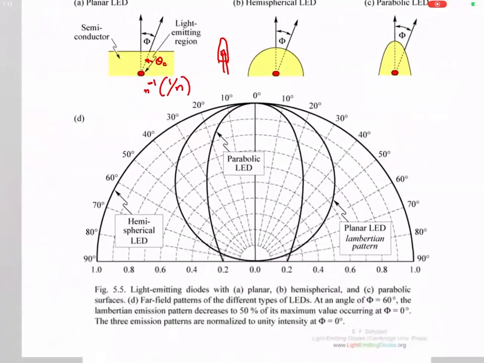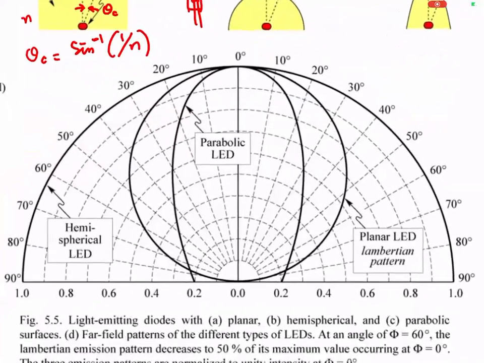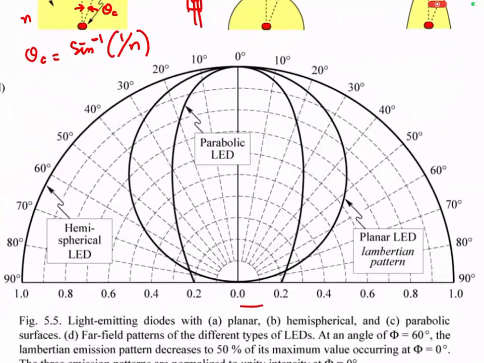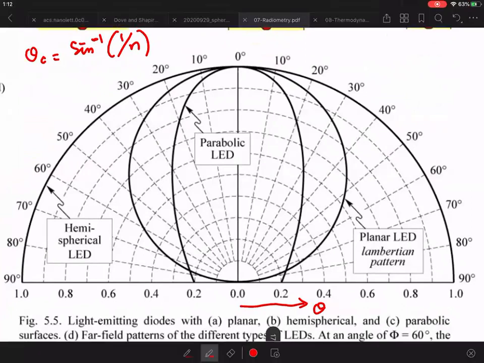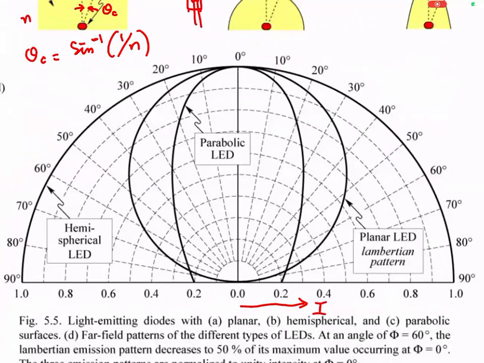So these are represented by something called polar plots, where, again, in the horizontal axis is the theta, the angle of emission, and the plot in the, oh, sorry, actually my mistake. This is actually not theta. This is normalized intensity, so it goes from 0 to 1. And this angle in this direction is theta, just like before.